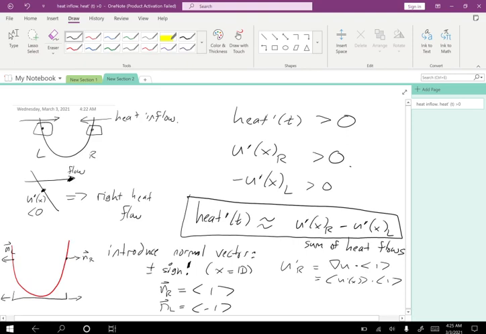And similarly, negative U prime on the left side is that negative one dotted with U prime of x. So it's actually equal to the normal vector dotted with the gradient of U. So my point with this is that the negative sign corresponds to the left normal vector.